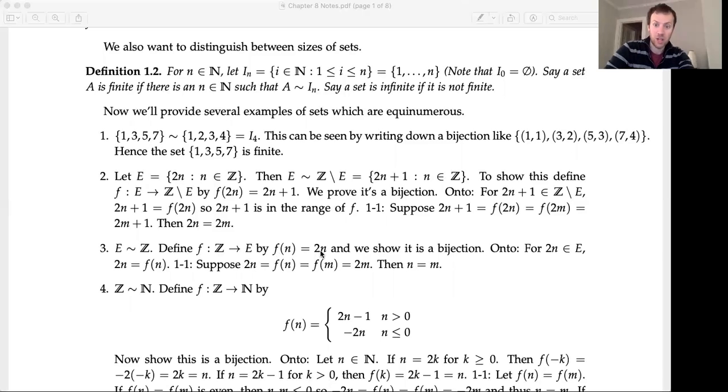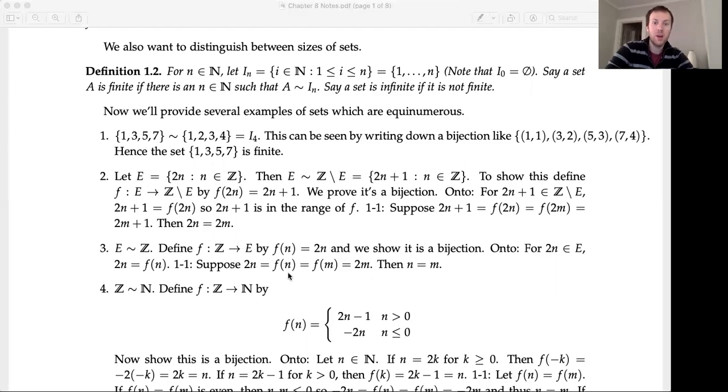This is also a bijection, because if you have an even number, it is the image of n. So 2 times n is an even number. Then applying the function to this n here is how you can get 2 times n.